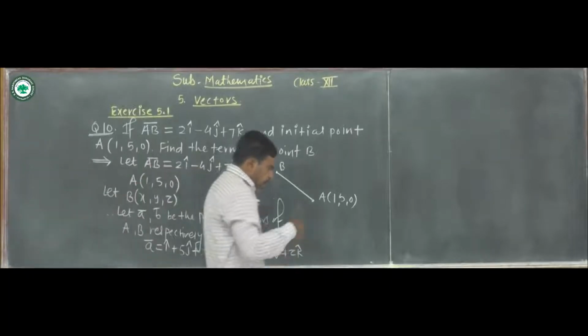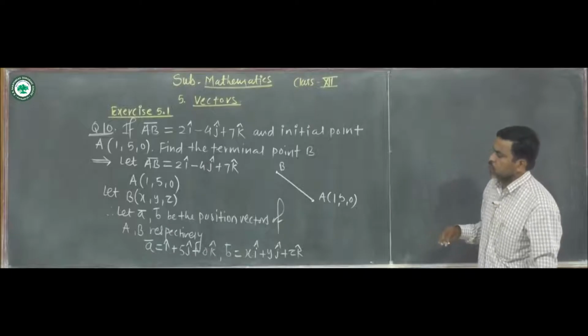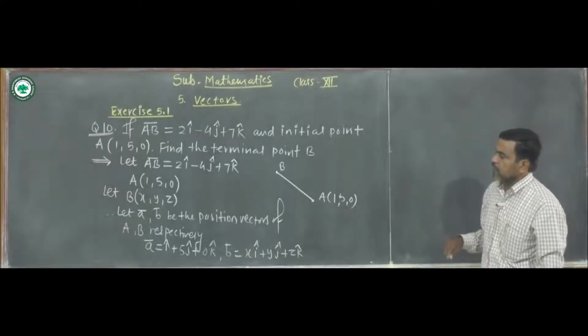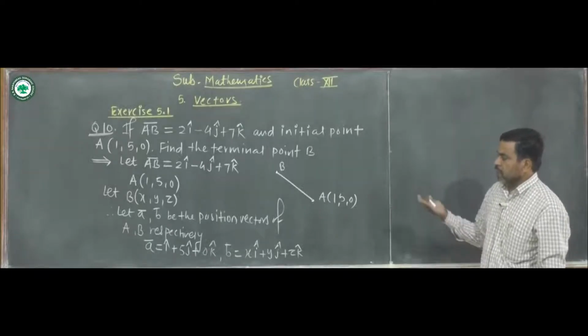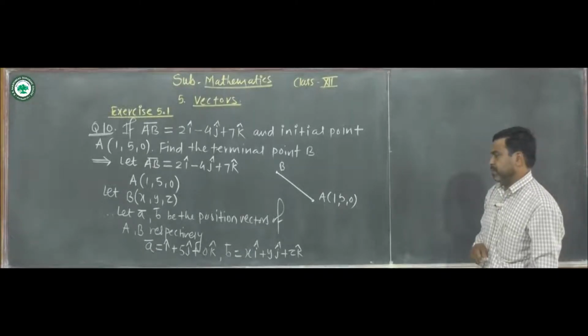Now, in three-dimensional geometry, we have seen in the previous lecture that if we have 2 points in space, then the vector along them is given by a definition.